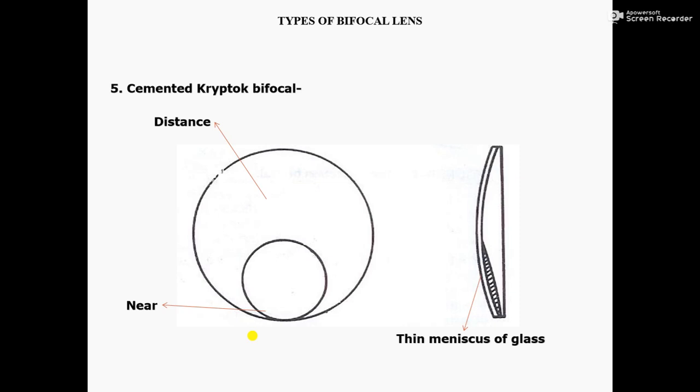The surface was covered with a thin meniscus of glass cemented into place. Meniscus means the curved upper surface of a liquid in a tube. The addition power was generated because of the refractive index of the segment and the concave interface between the segment and the major portion.